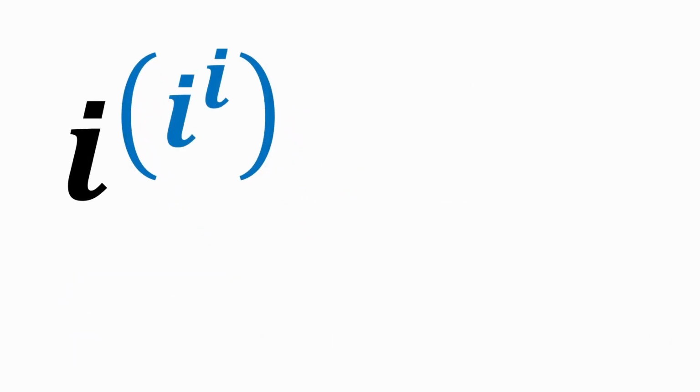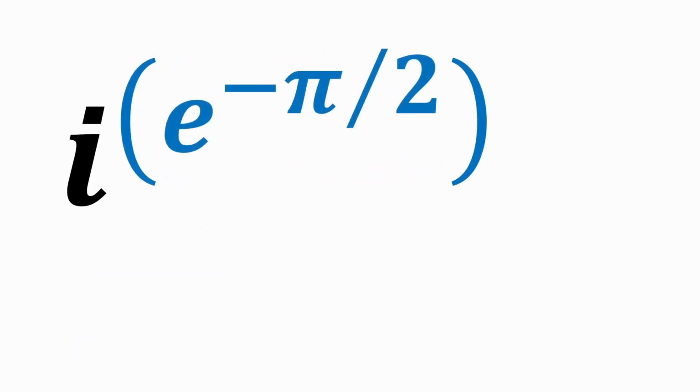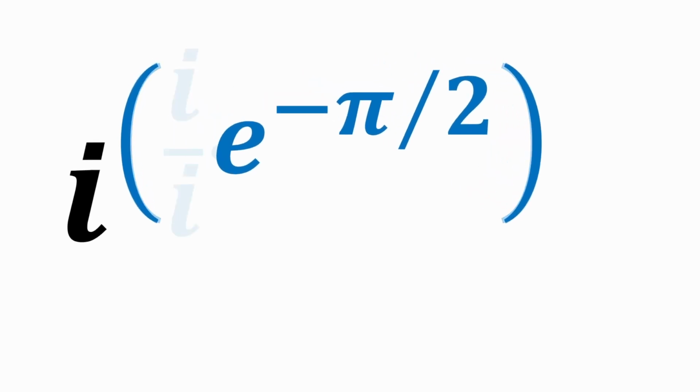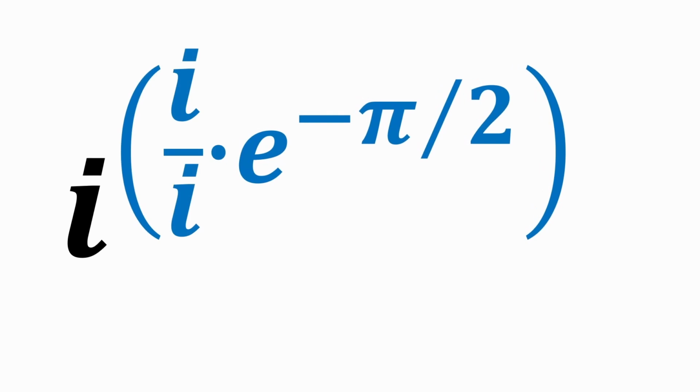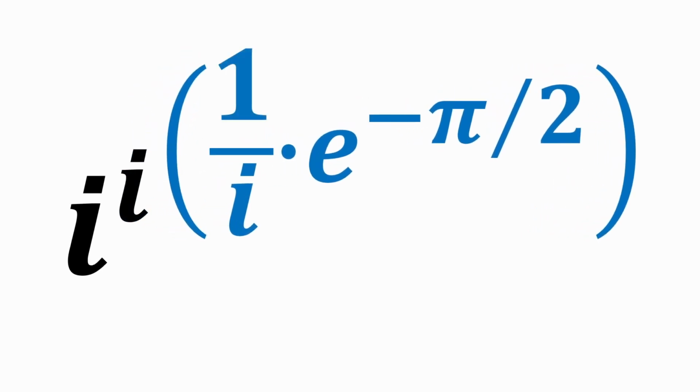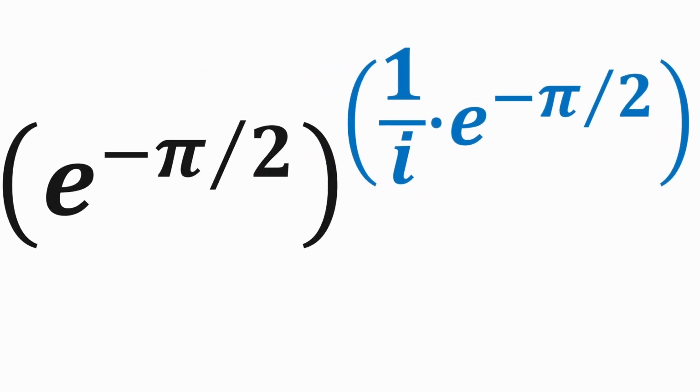So we can now replace the blue expression with e to the -pi over 2, which looks worse than what we started with. But wait, I'm going to use the i over i trick again and insert it into the exponent. Let's bring an i out of the parentheses. But we know what i to the i is. We just calculated it. So let's replace i to the i with e to the -pi over 2.